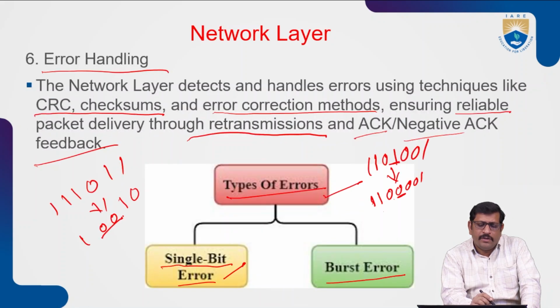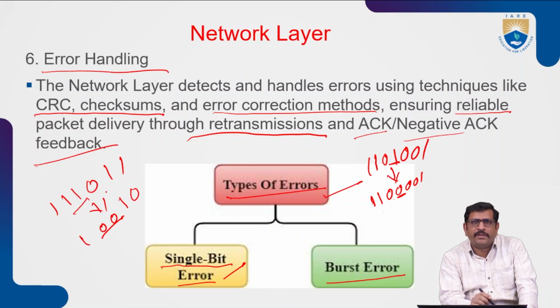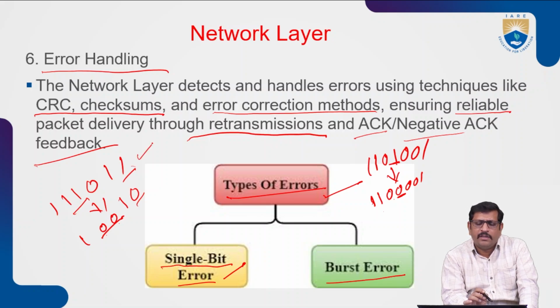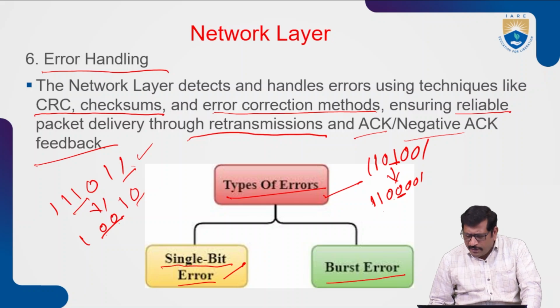That means instead of the 1 1, the destination machine receives 0 0, and instead of the 1, it receives the bit 0. So the destination receives more than one different bit from whatever the sender is sending. This situation is what we call a burst error.